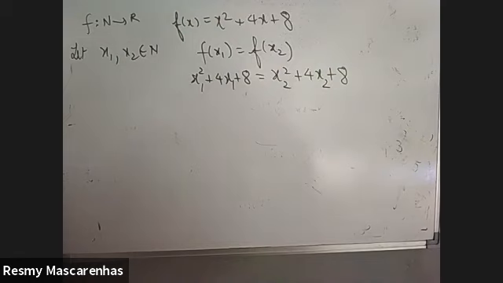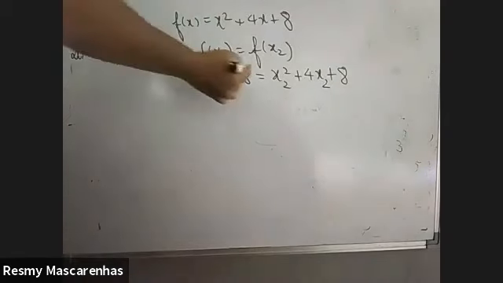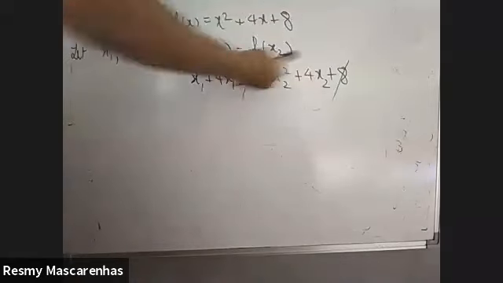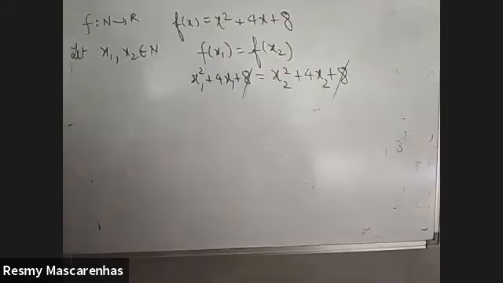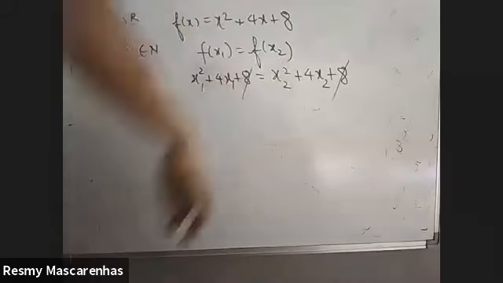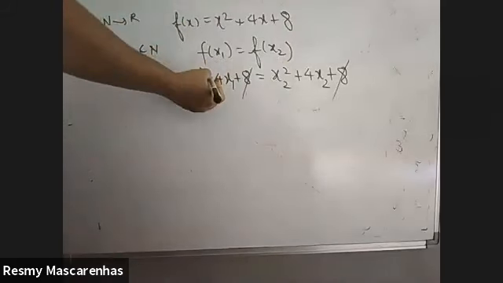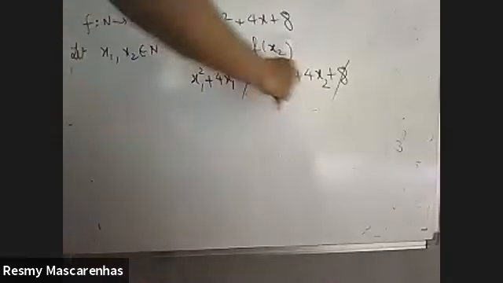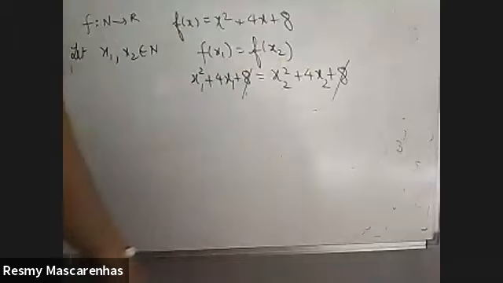Now some of them will do like this. 8 and 8 will cancel. Okay, but after that what? 4 and 4, this is x1 and this is x2. You cannot cancel. Okay, see, x1 square and x2 square you cannot cancel. And what is happening? This is plus. So 4x1 and 4x2 also you cannot cancel because this is x1, this is x2.